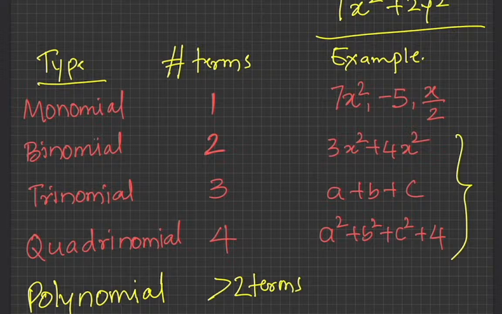Now let's take a question. 2x plus 3y minus 4z is a trinomial expression. Just check how many terms there are in the expression. Trinomial is 3.